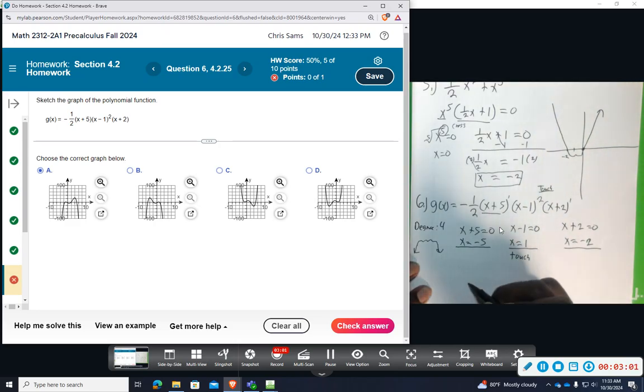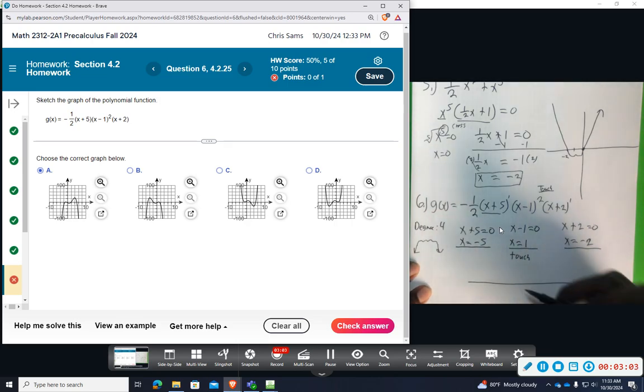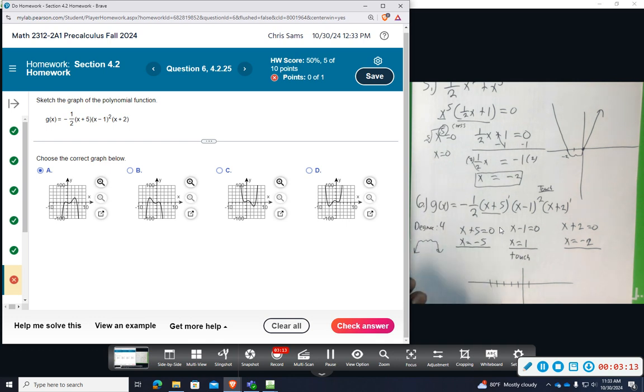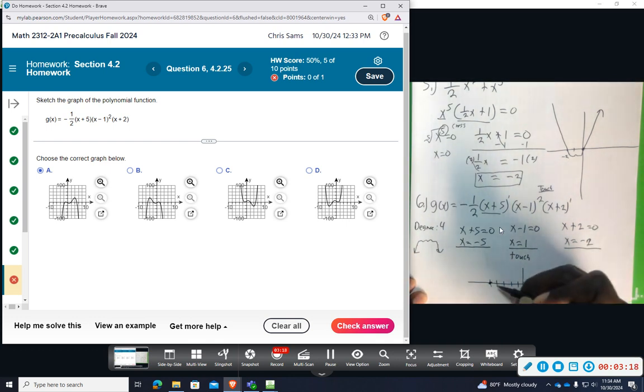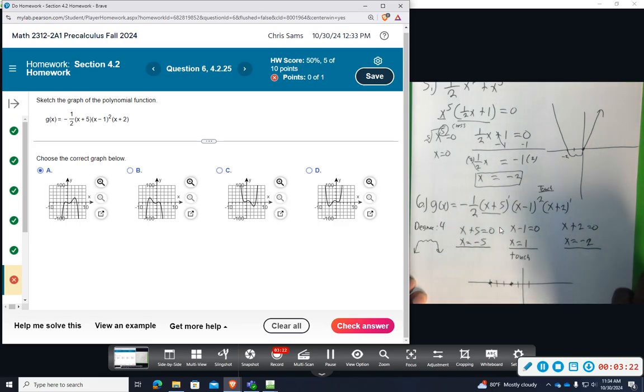So if I were to just do a rough sketch, say negative 1, 2, 3, 4, 5, and then positive 1. So we know both endpoints are coming down. So we've got negative 5 will be here. 1, 2, negative 1, negative 2. So that's negative 2.